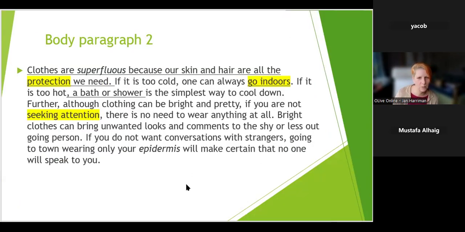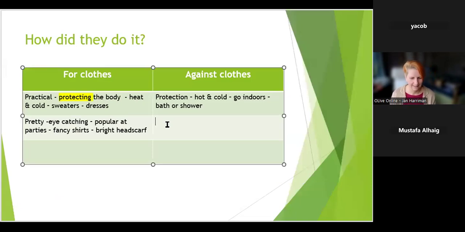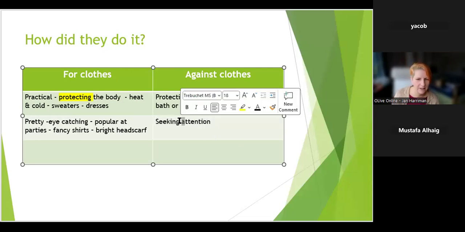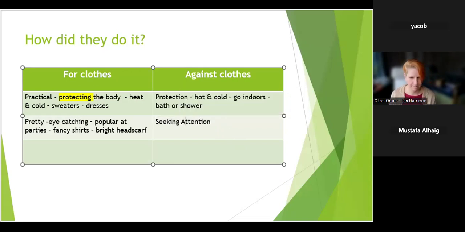Okay. What was the other one? Yeah, seeking attention. Yes. Protection and attention. All right.